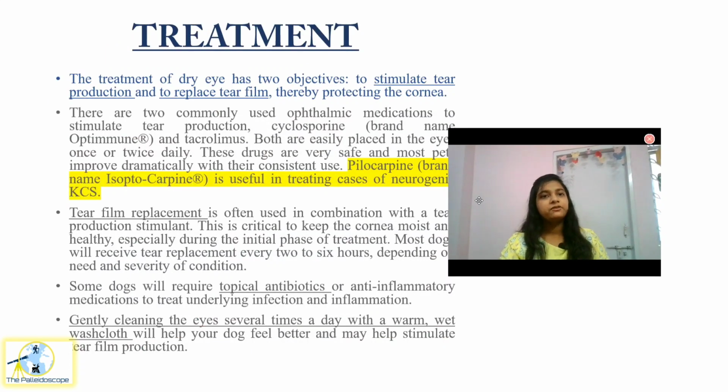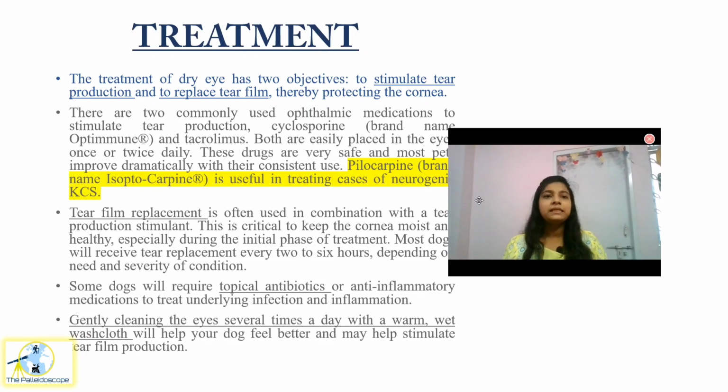Next, the treatment of dry eye has two objectives: to stimulate tear production and to replace the tear film, thereby protecting the cornea. One is obviously to stimulate the tear production because it is getting dry. The second thing is to replace the tear film, thereby protecting the cornea.